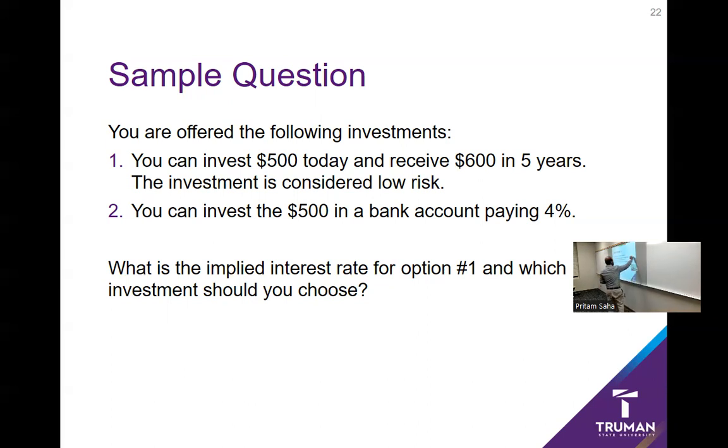If you calculate the return using the formula we just learned, 2.71 or 3.71%, this is the return we can generate from option one. Option two is offering 4%. Now we should go where we get more return, which is option two, because in terms of risk we are similar. Makes sense?